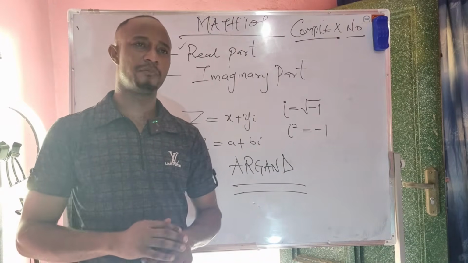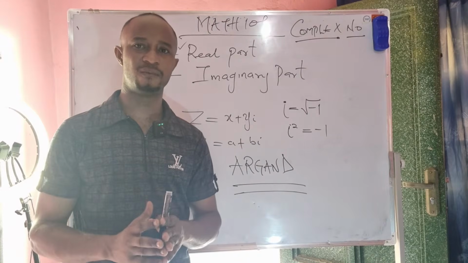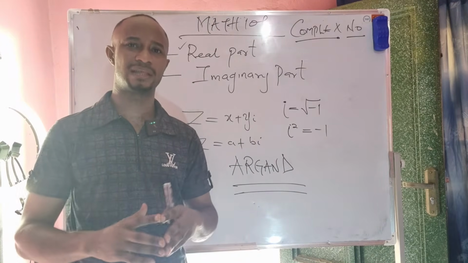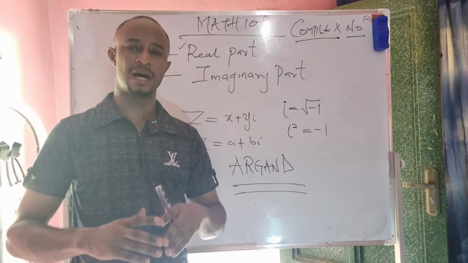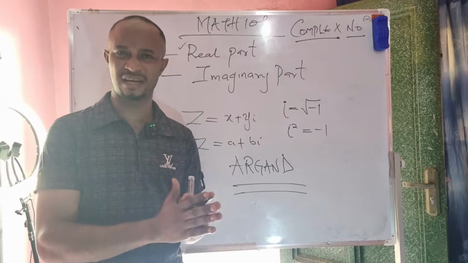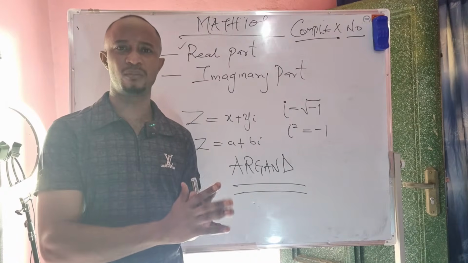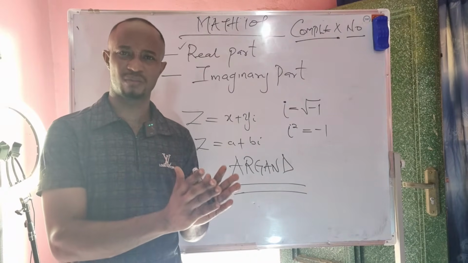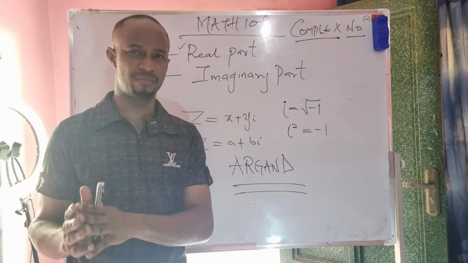All right. So my emphasis today will be on how to find the polar form of various complex numbers in general form, how to transform the general form of complex number to polar form of complex number.